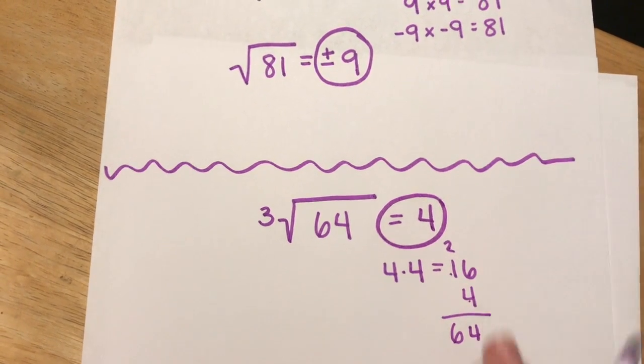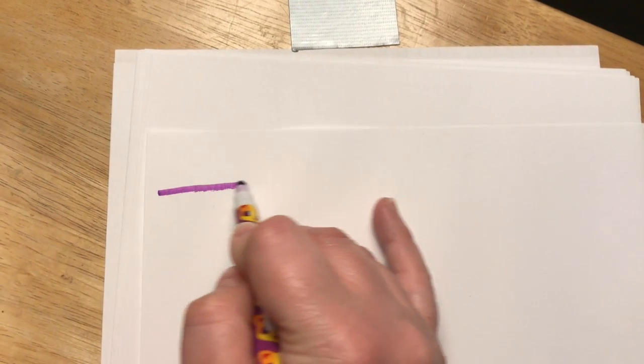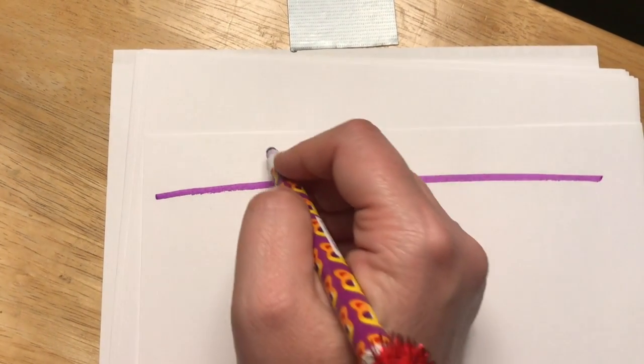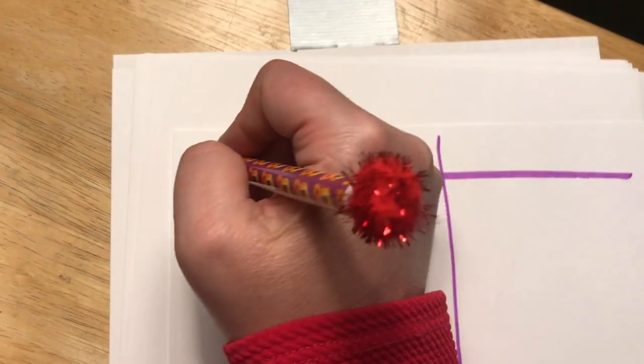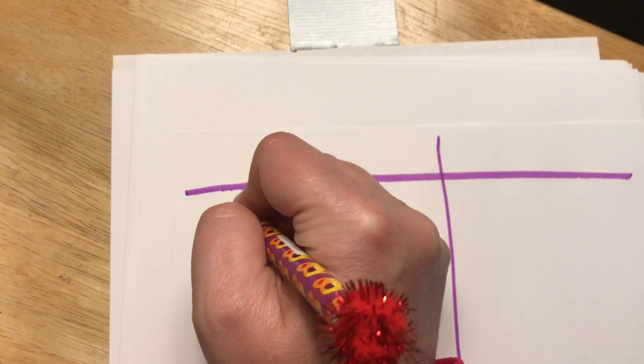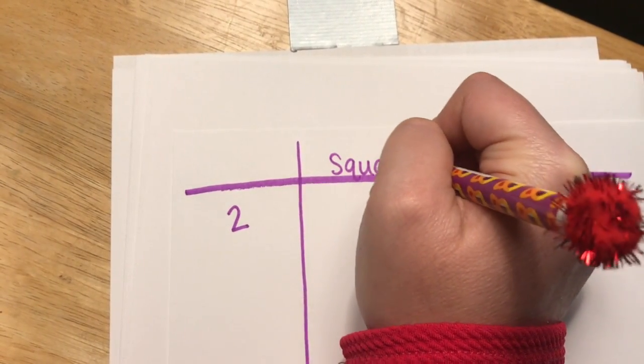So here's what I want you to do right now. I want you to take a couple minutes to make a chart in your notebook. And I want you to make columns, okay? In there, I want you to give me the number. So if I'm starting with 2, I want you to give me the square.